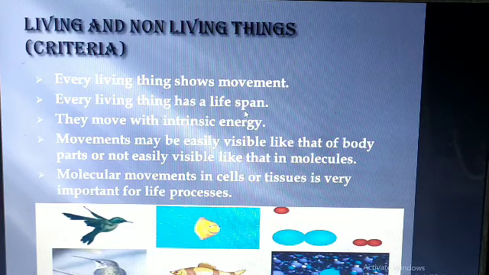What is lifespan? Every living thing is born, every living thing dies. So the time duration between the birth of a living thing and death of the living thing is called lifespan.